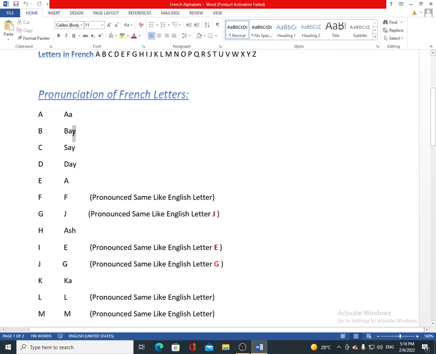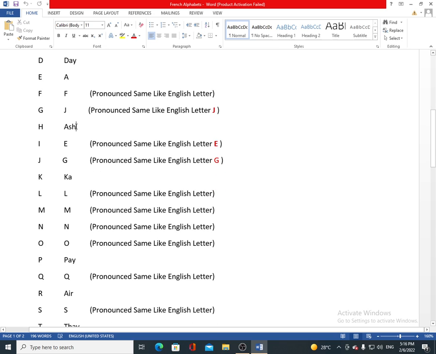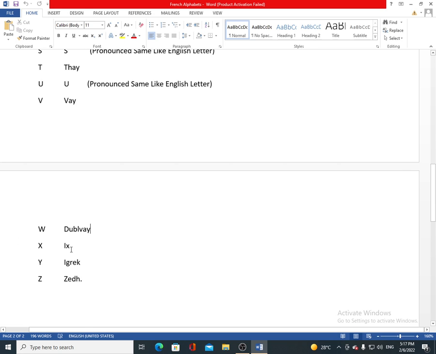A, B, C, D, A, F, J, H, E, G, K, L, M, N, O, P, Q, R, S, T, U, V, W, X, Y, Z.